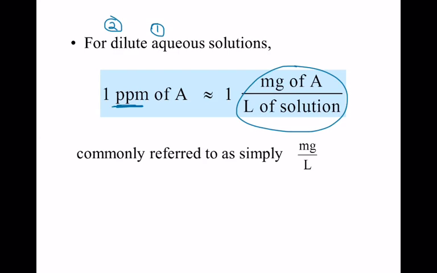Actually, one of your homework problems is like that. So if it's a dilute aqueous solution, parts per million is the same thing as milligrams of solute per liter of solution, which is basically a kilogram of solution because the density of water is one gram per milliliter. So that's how that works out. I've chased it down, but it's true. So that's kind of helpful.